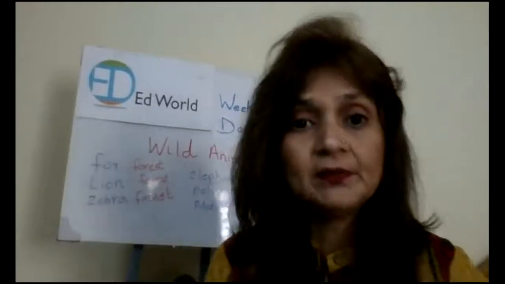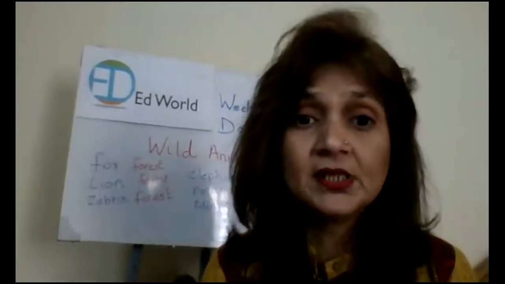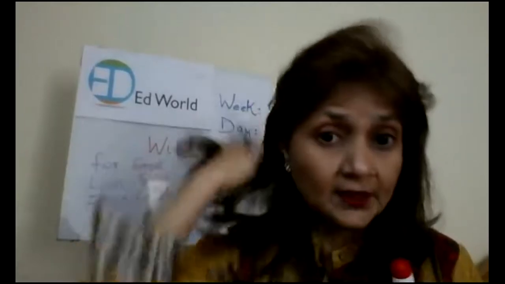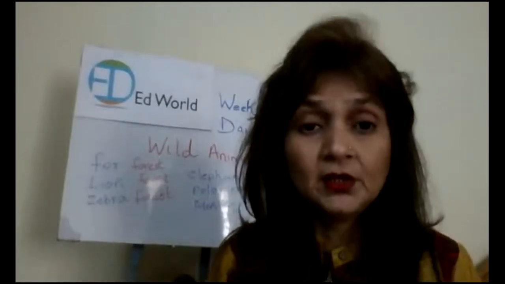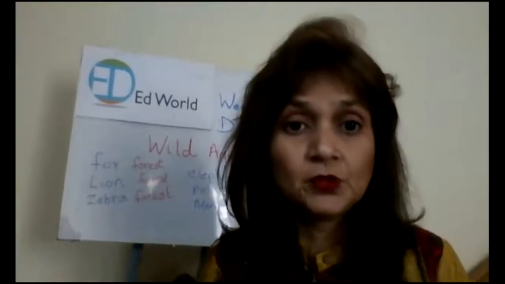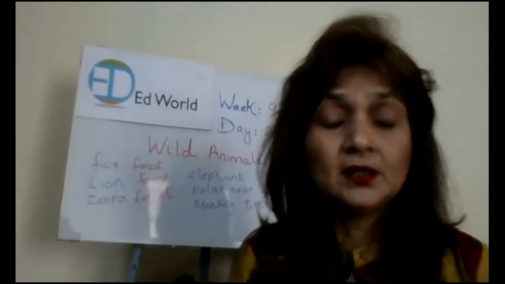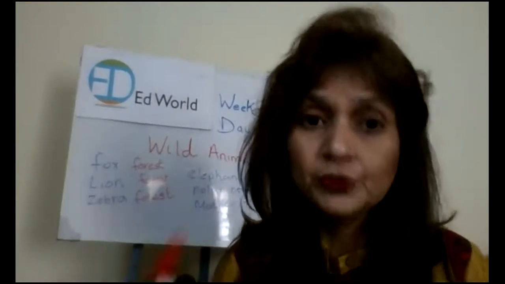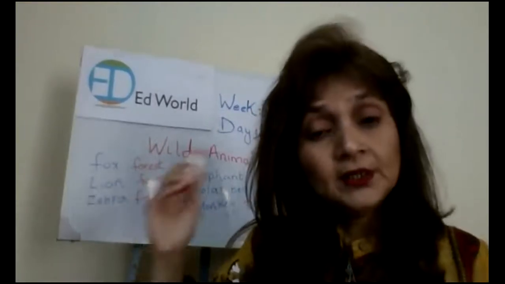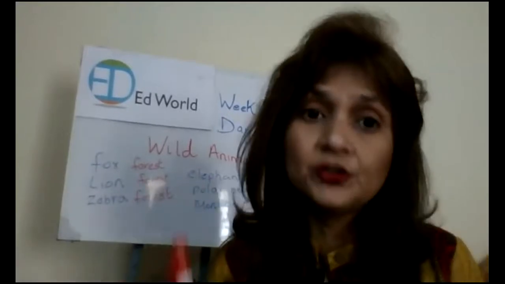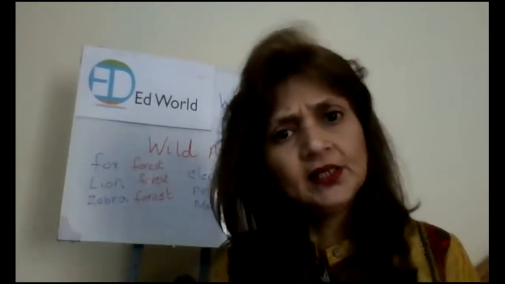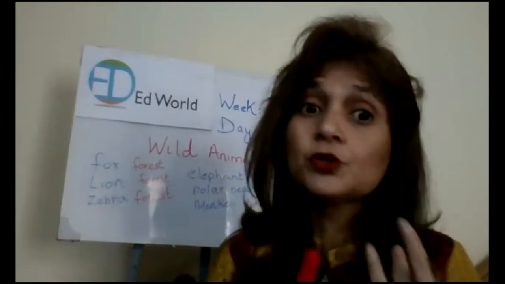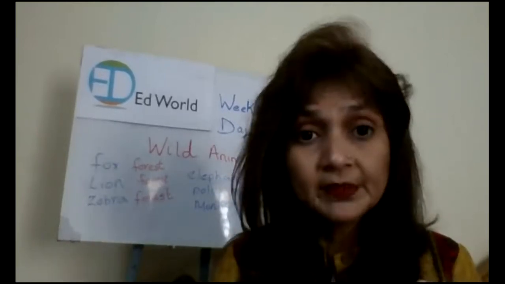So there might be some trees in a jungle, in a garden, in a park or in a forest, because a forest has lots and lots of trees. So the habitat of monkey is trees. So trees can be in a forest, in a jungle, anywhere, right? Same goes for squirrel, same goes for other birds, right?